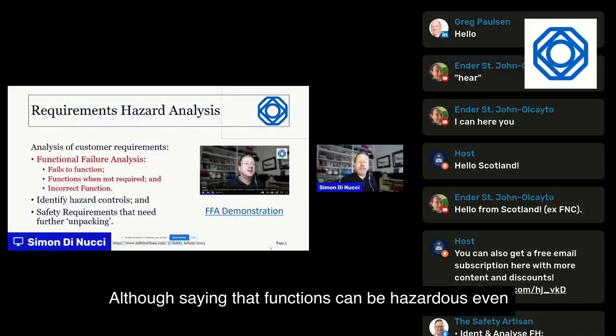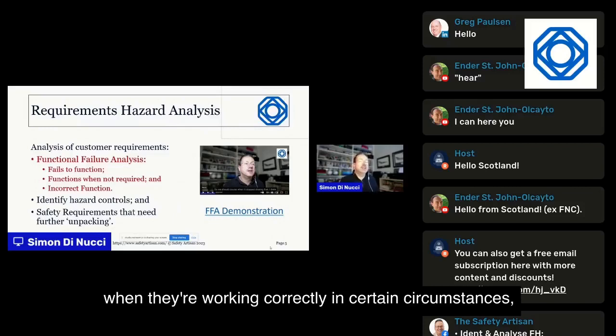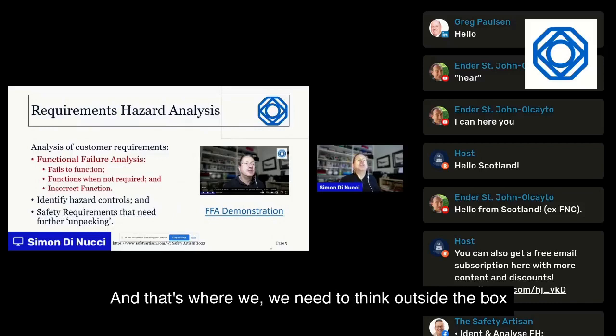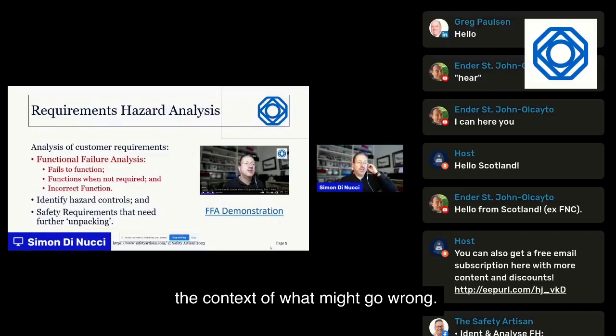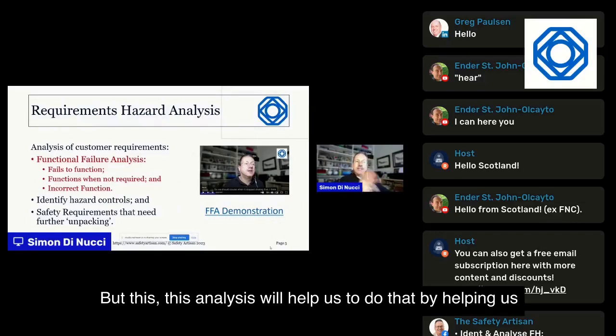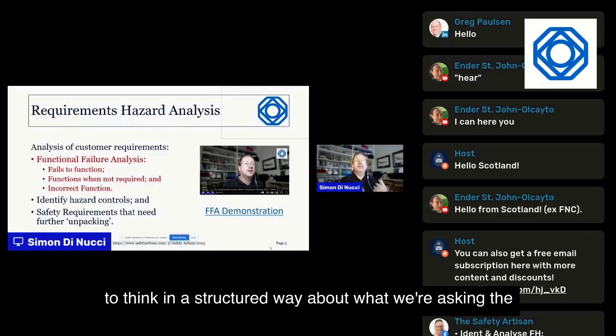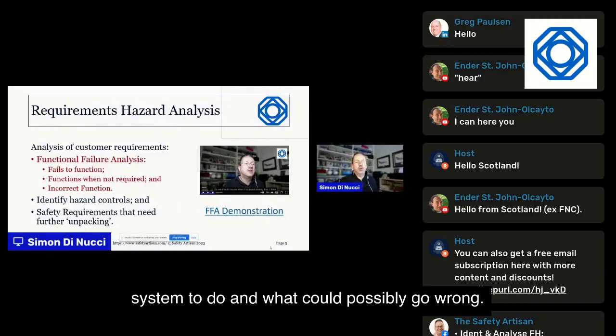Although, functions can be hazardous even when they're working correctly in certain circumstances, and that's where we need to think outside the box and look at the context of what might go wrong. But this analysis helps us to think in a structured way about what we're asking the system to do and what could possibly go wrong.